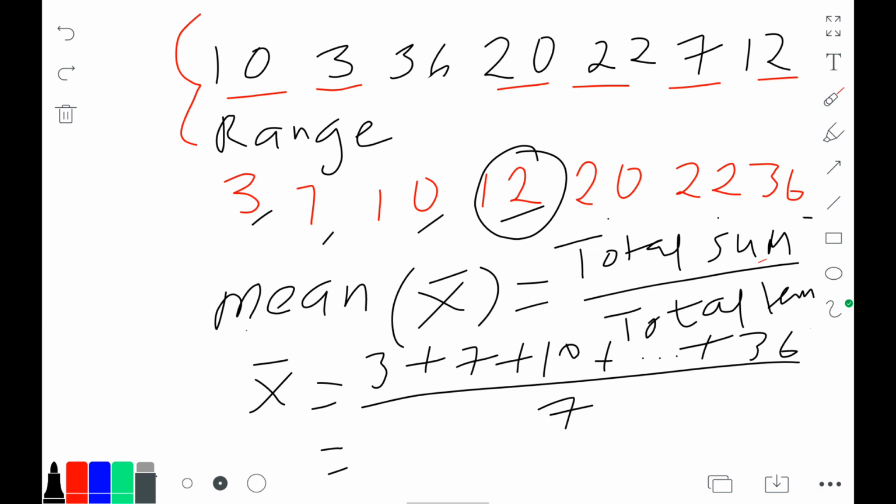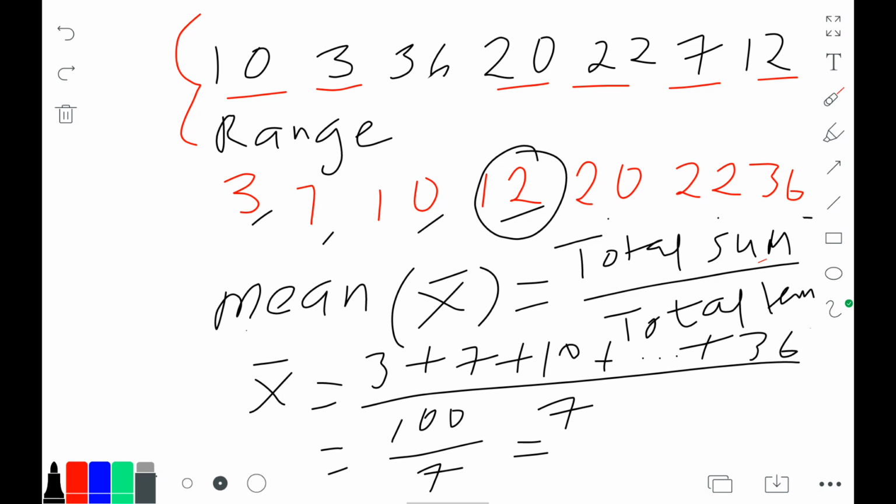When you add them, 10 plus 10 is 20, and so on, until the total is 100, which means you're going to have 100 over 7.